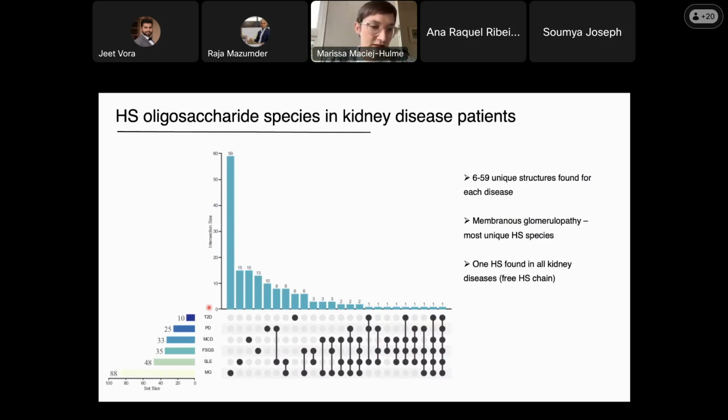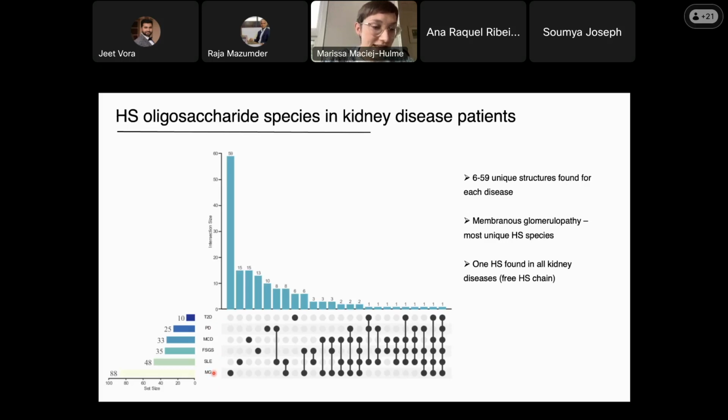And you can see here, there's the list of the 6 different kidney diseases, which is type 2 diabetes, pregnant patients with a kidney transplant, minimal change disease, focal segmental glomerulosclerosis, systemic lupus erythematosus, and membranous glomerulopathy. So I will use the shortenings going forward.